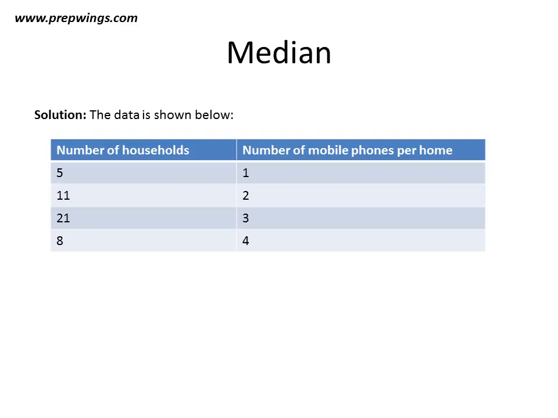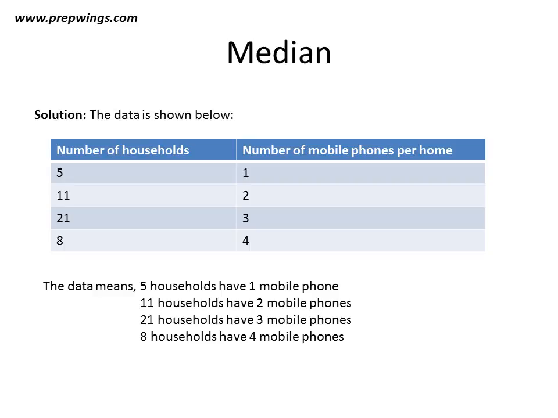What this data means is there are 5 households which have 1 mobile phone, then 11 households that have 2 mobile phones, then 21 households having 3 mobile phones and 8 households having 4 mobile phones.